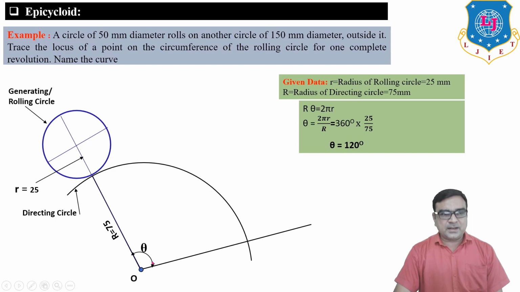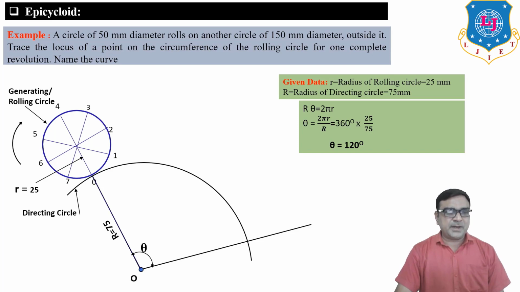So draw one line inclined at theta 120 degrees. Now divide this rolling circle into n number of equal parts. Here I have taken 8 equal parts. We want to roll in the clockwise direction, so numbering will be anti-clockwise: 1, 2, 3, 4, 5, 6, 7.